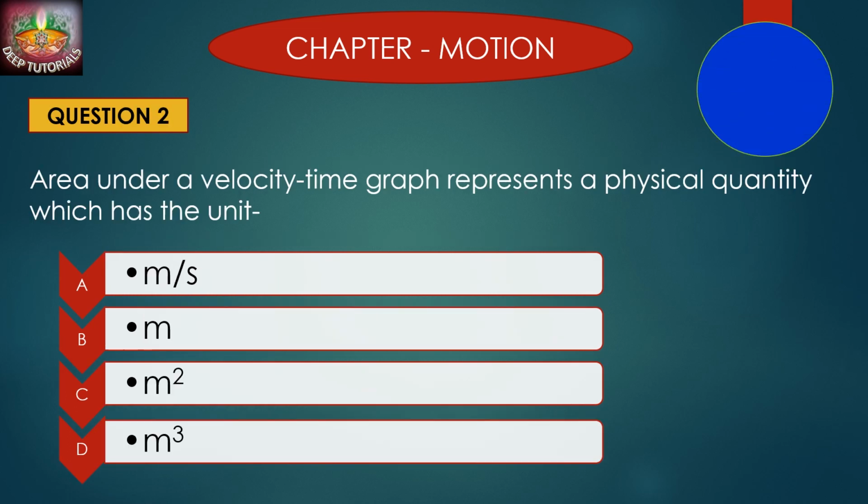Question number 2. Area under a velocity time graph represents a physical quantity which has the unit.